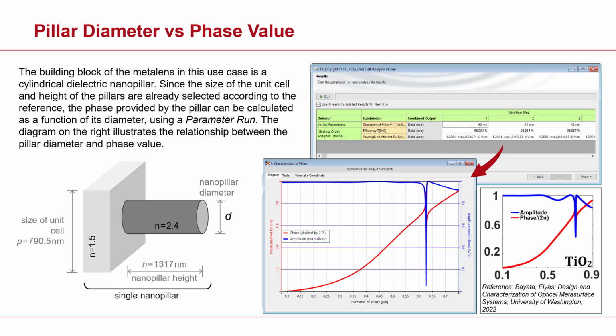In this case, unfortunately, we said previously that we want that phase curve to be as smooth as possible, as linear as possible. Here, that is not the case, unfortunately.